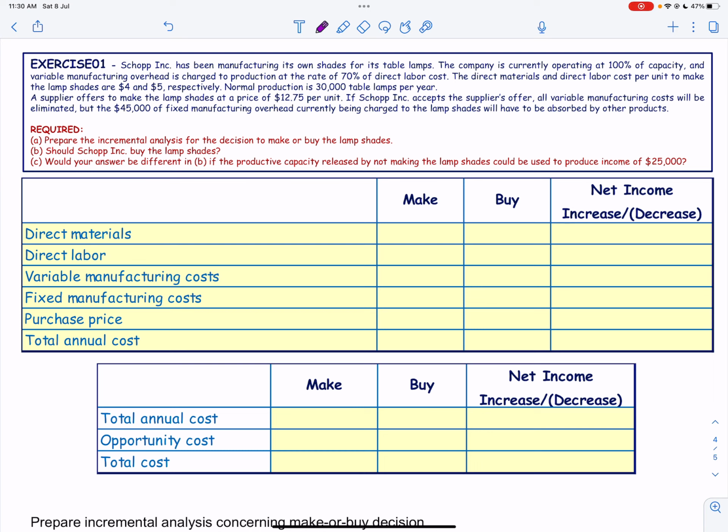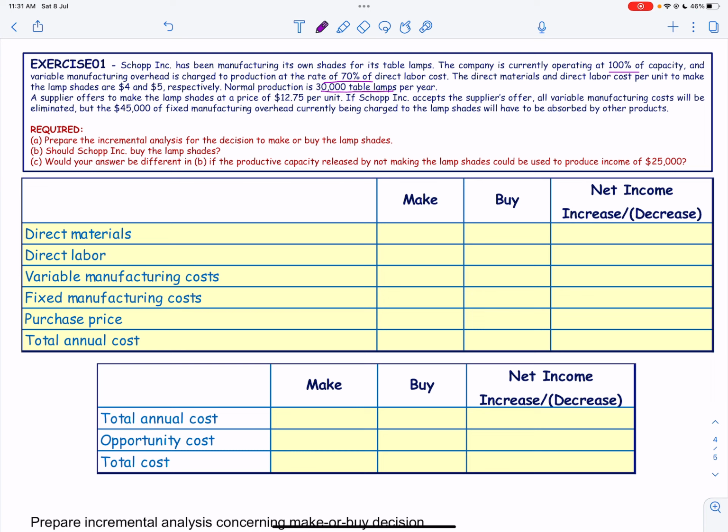The company is operating at 100% of capacity and variable manufacturing overhead is charged to production at the rate of 70% of direct labor cost. The direct materials and direct labor cost per unit to make the lamp shades are 4 and 5 respectively. Normal production is 30,000 table lamps per year.